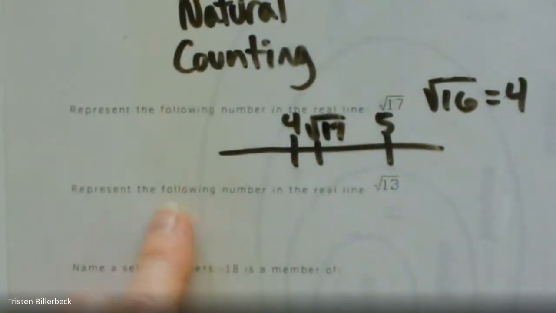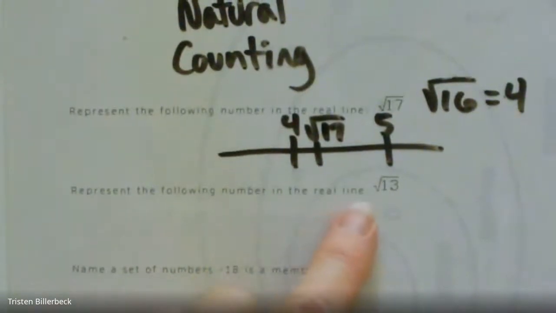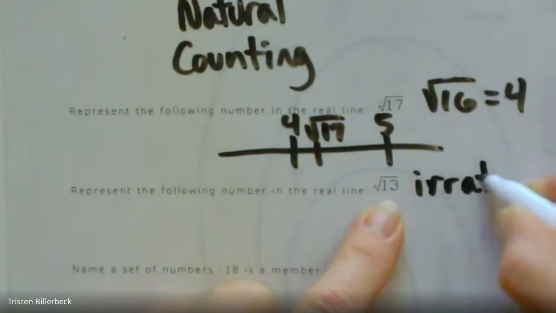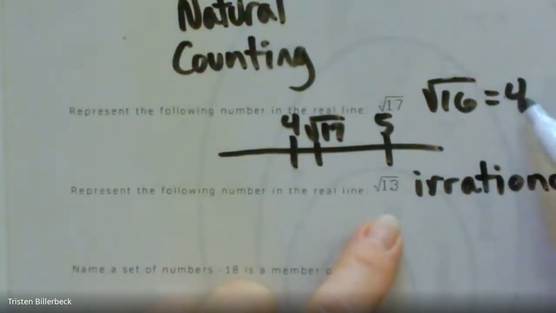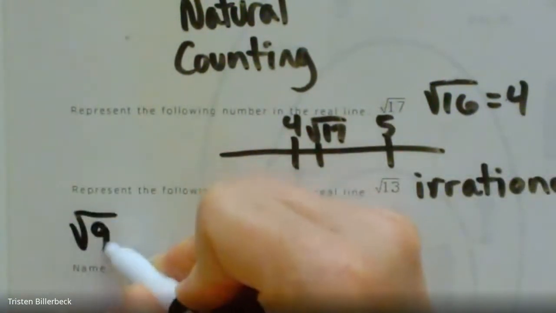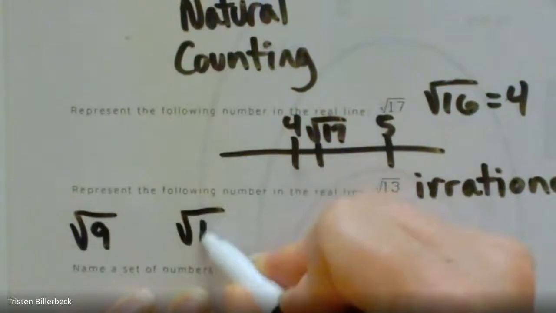This one says represent the following number on the real line, square root of 13. We've got another irrational number. It is irrational, like the last one was, because it doesn't have a nice integer value. This one is going to be between 9 and 16.